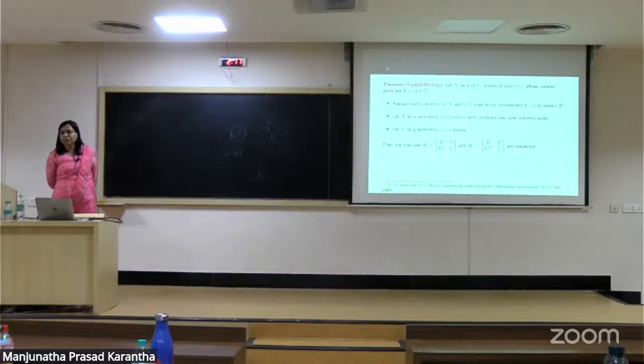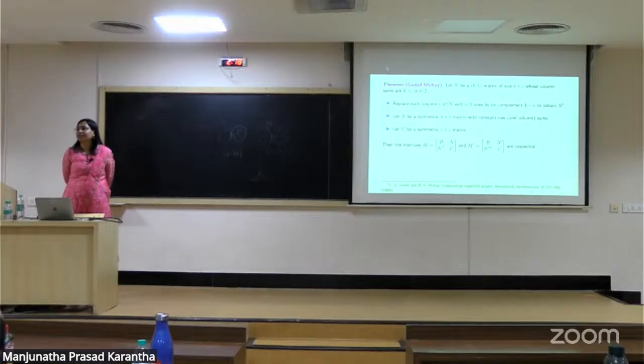Then you choose C as any symmetric matrix of size C cross C. Now you form the matrix M, the bigger matrix, where you put B in the first row and N transpose, C.